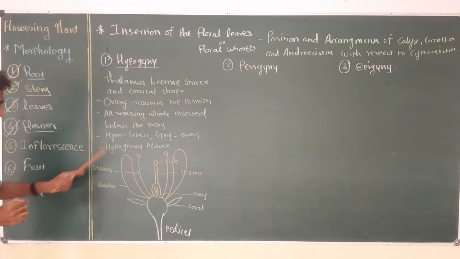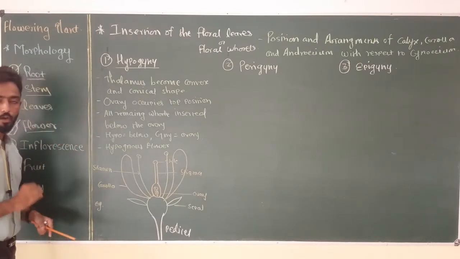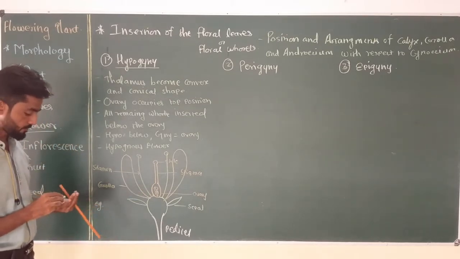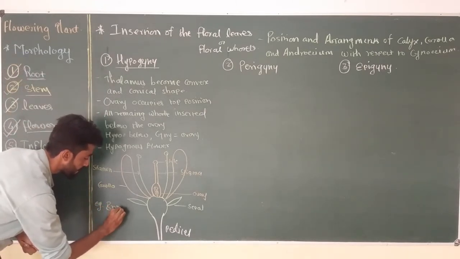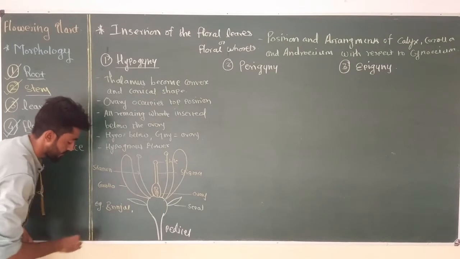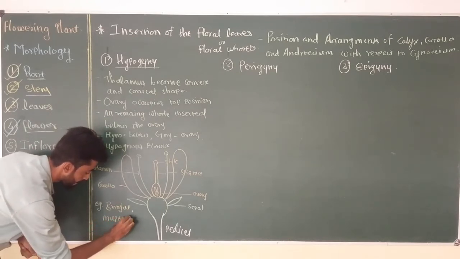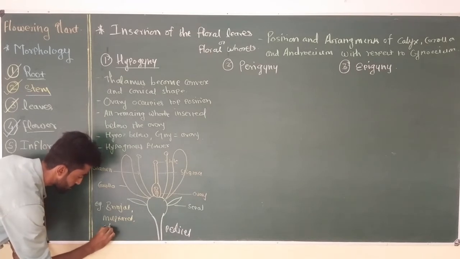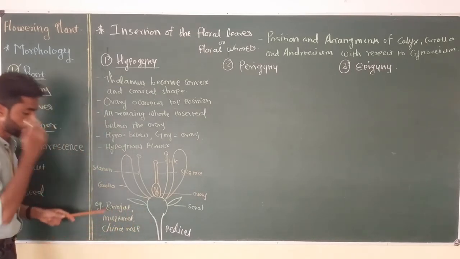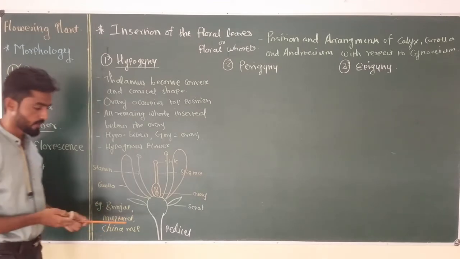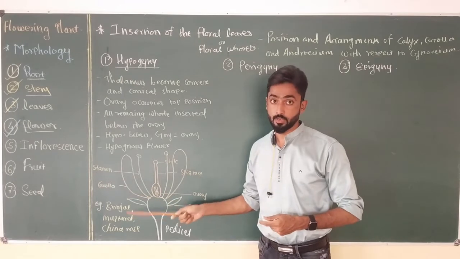Okay, and examples of plants which show hypogynous flowers are brinjal, then mustard, China rose, etc. So brinjal, mustard, China rose are the types of plants which show hypogynous type of flower.